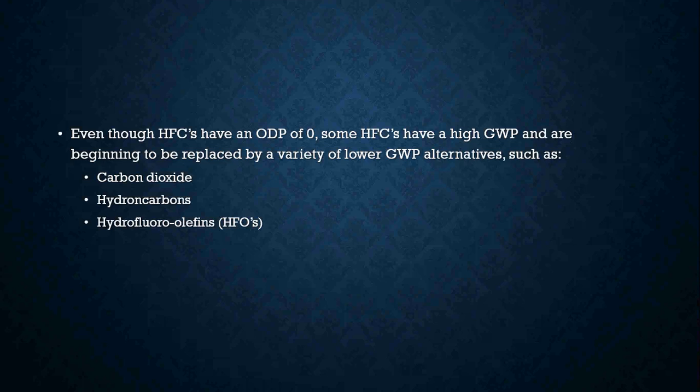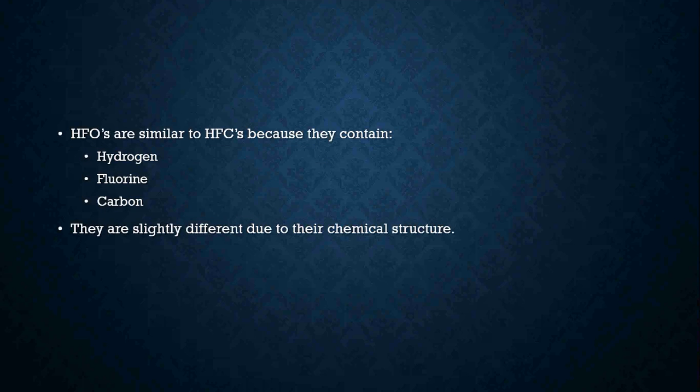Okay, even though HFCs have an ODP of 0, some HFCs have a high GWP and are, again, beginning to be replaced by a variety of lower GWP alternatives, such as carbon dioxide, hydrocarbons, and your HFOs.